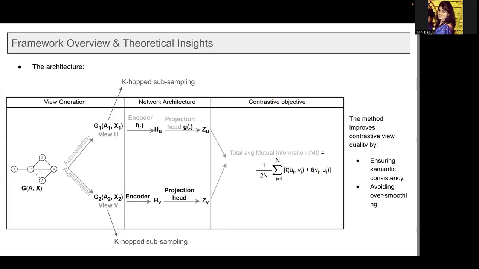So from a theoretical standpoint, our method improves contrastive view quality in two ways. First, by enforcing a consistent neighborhood structure through k-hop. Second, by limiting the view space to topologically meaningful subgraphs, we reduce noise introduced by arbitrary dropout or masking. This results in embeddings that generalize better, especially in low-label or noisy scenarios.